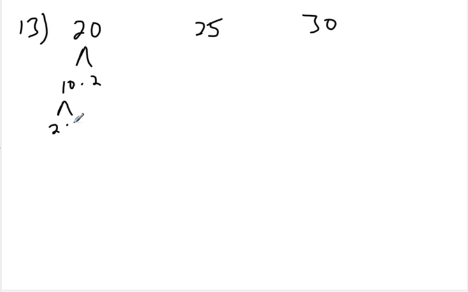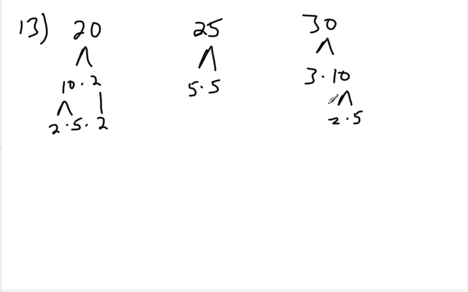Number 13. We have 3 numbers, 20, 25, and 30. So we have 10 times 2, 2 times 5 times 2. Here, what is that, 25? Yeah, 25. Alright, that's 5 times 5. 30 is 3 times 10, 2 times 5.